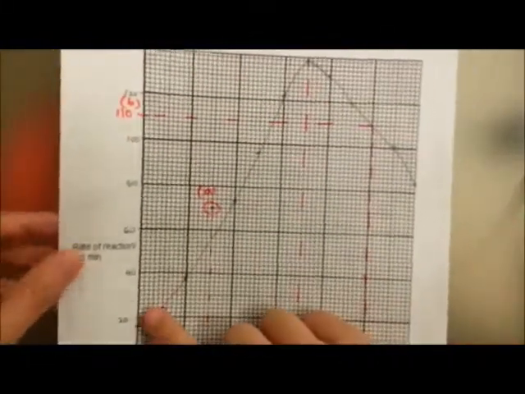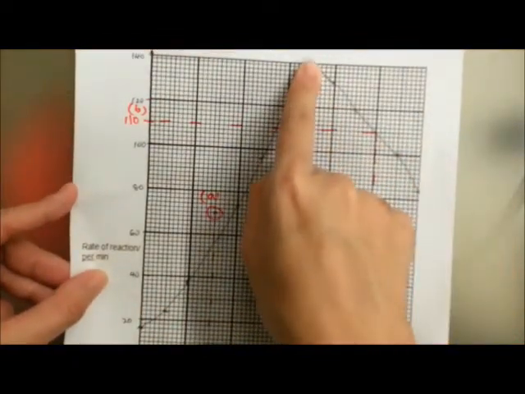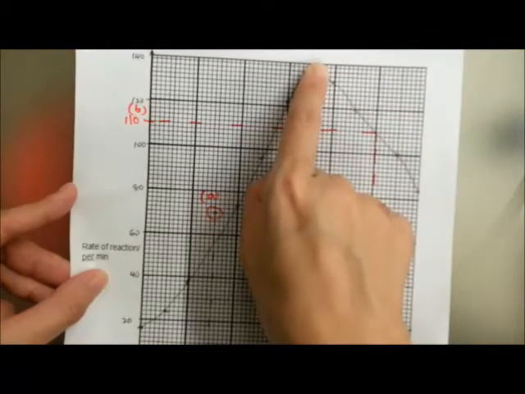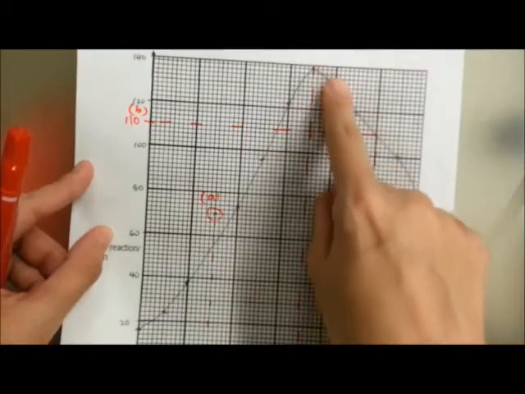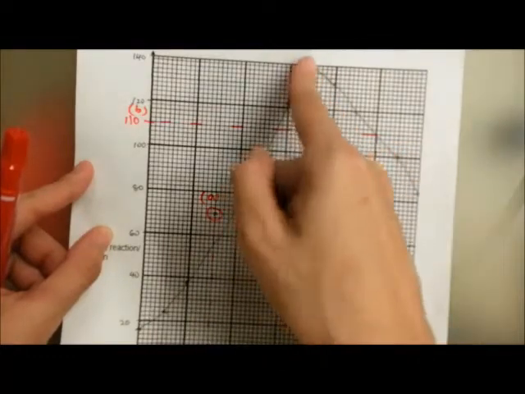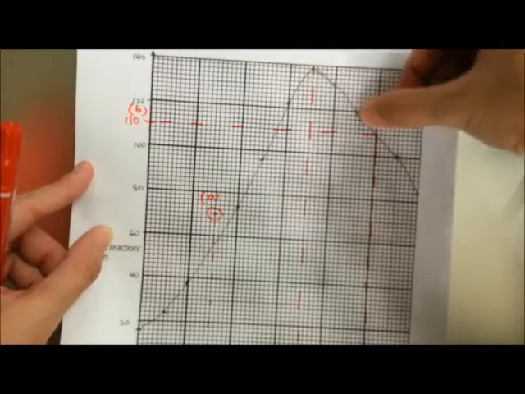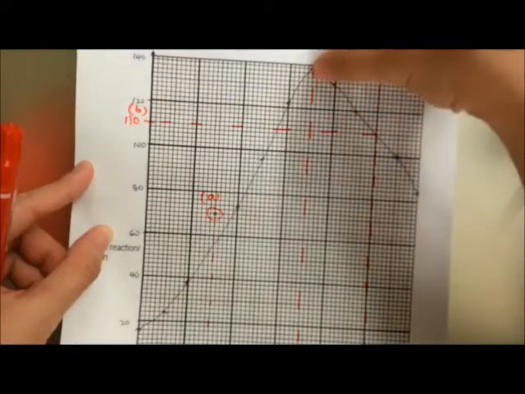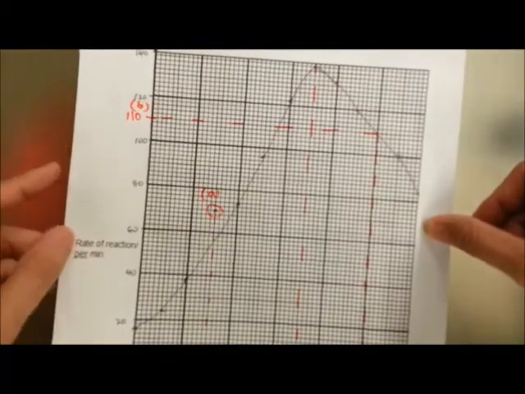Looking at the graph, the question asks, what will happen to the rate of reaction once it goes beyond, after the optimum temperature? What happens to the rate of reaction after it has gone beyond the optimum temperature? It comes down, meaning the rate of reaction decreases. So how do we answer the question?